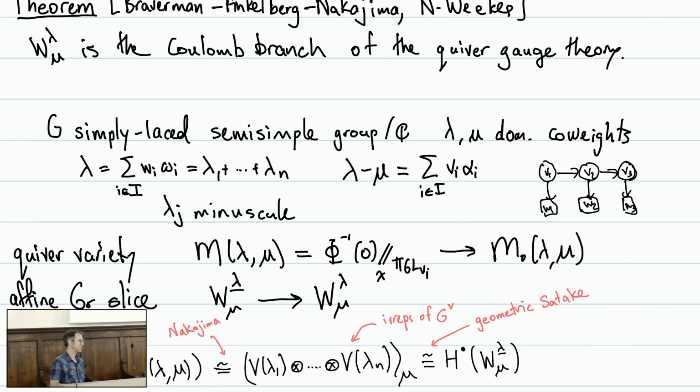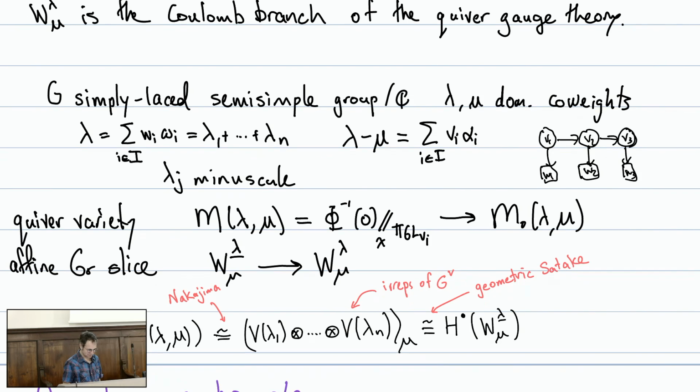Yes, with some caveats. Yes. I mean, there are some more sophisticated versions of this kind of isomorphism in cohomology which hold more generally, but anyway, let me not get into it.